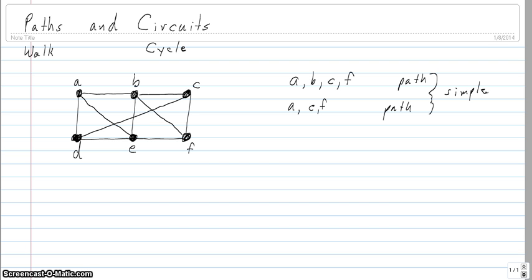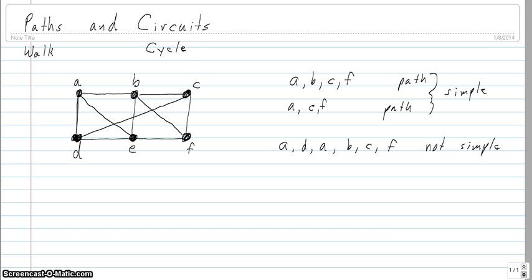If you wanted to get from A to F, and I don't know why you would do this, but let's say you went from A to D, back to A, and then you went to B, and to C, and to F. You made a wrong turn and you had to backtrack. Well, you repeated this edge more than once, so that is not a simple path. And that's an idea that will be used, the idea of a simple path.